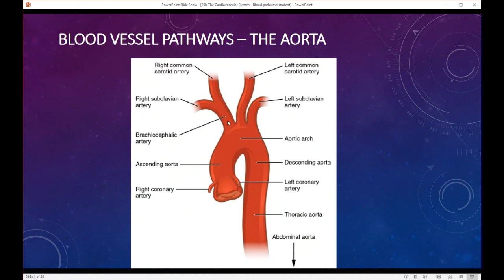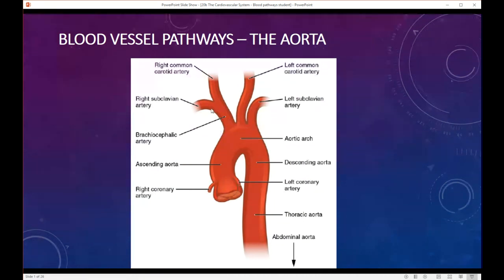So coming up off the top of the aortic arch is the left subclavian artery. That left subclavian artery is going to go down under, sub means below, like submarine, and then clavian is your clavicle. So it's going to go down your left arm under the clavicle. The left common carotid is going to go up and oxygenate the left side of your brain.